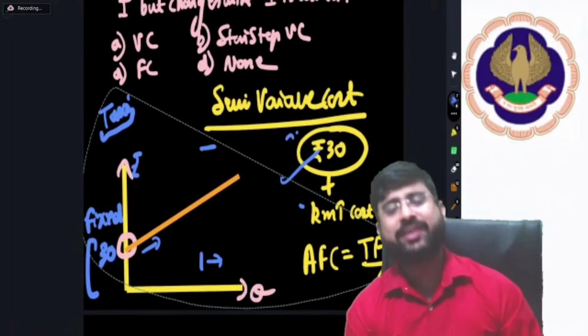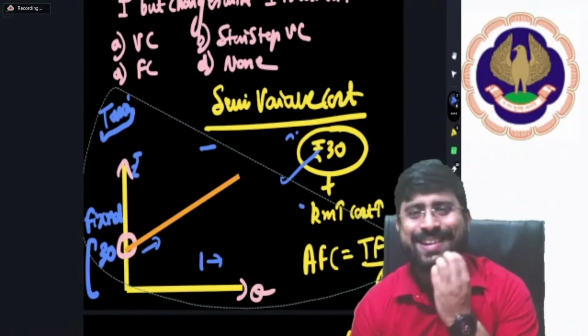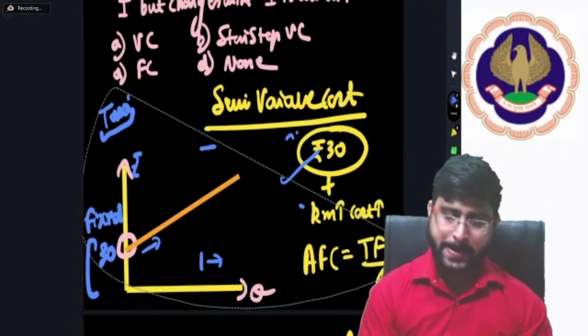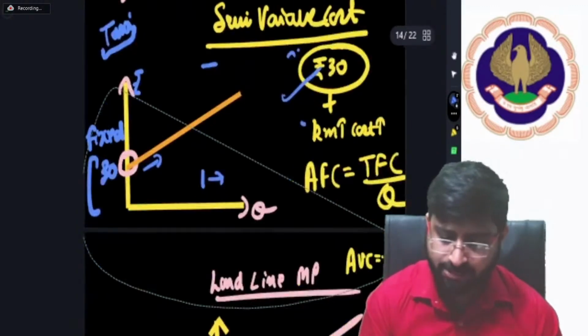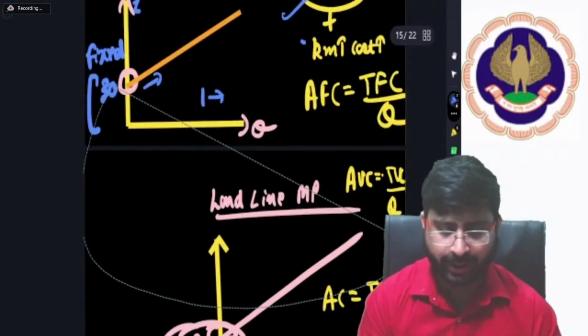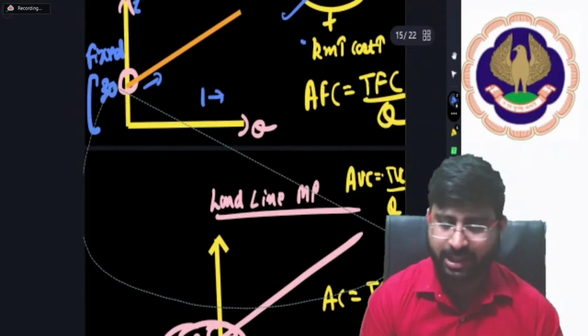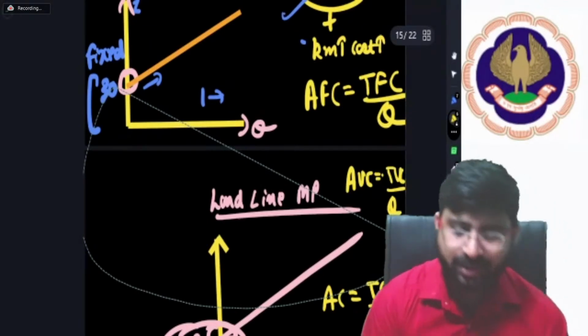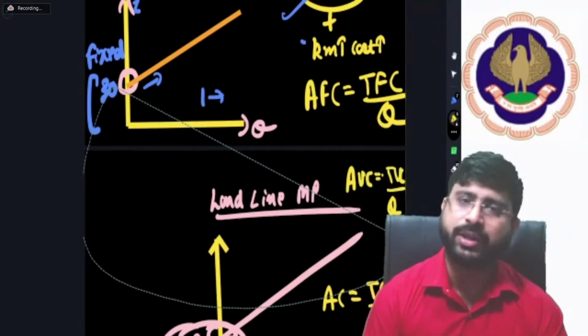Average is nothing but total divided by quantity. What is average? Nothing but total divided by quantity.